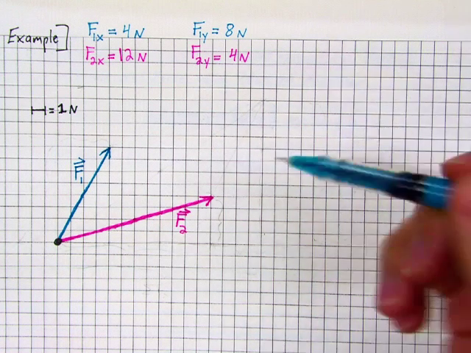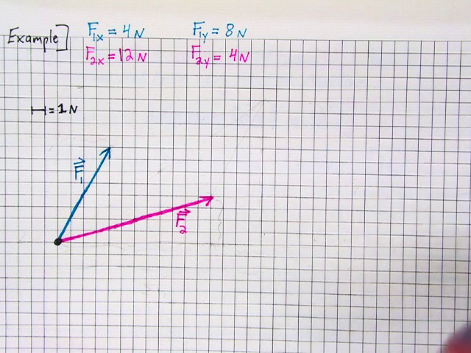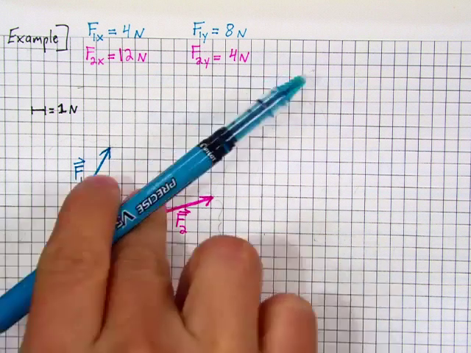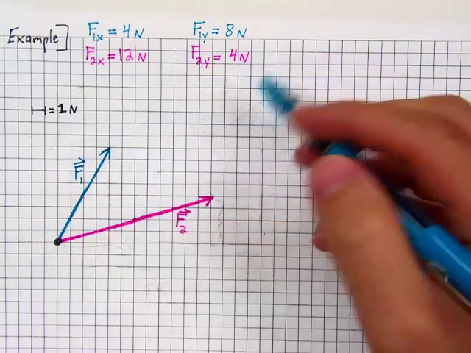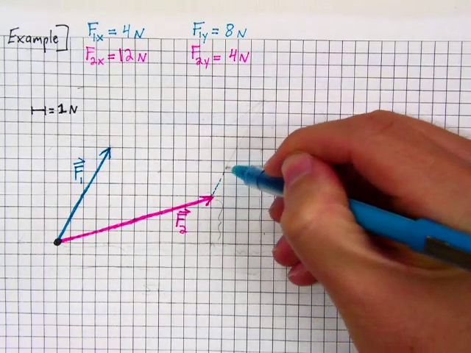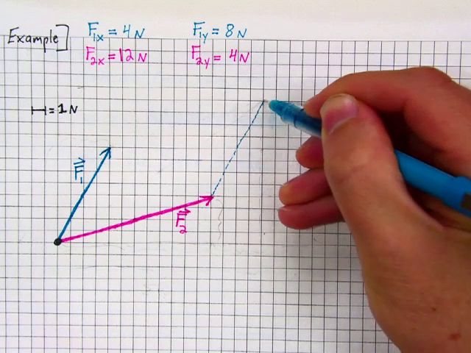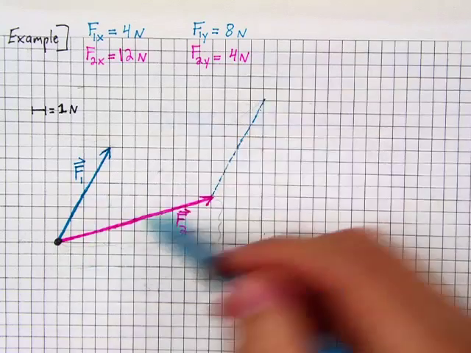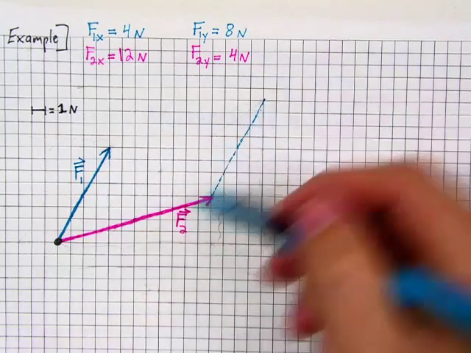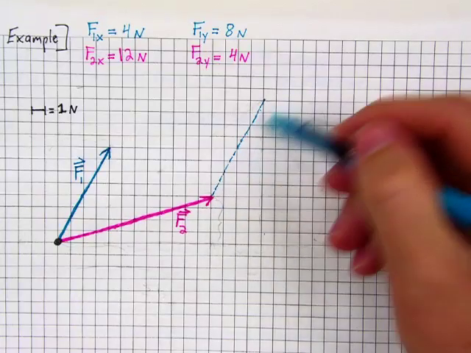Let's start by doing the parallelogram method to see what the net force is going to look like. I can tell that it's going to point off in this direction because that's the way they're both pushing. So let's make a parallelogram out of this. Draw in a side here parallel to F1, the same exact shape as F1.